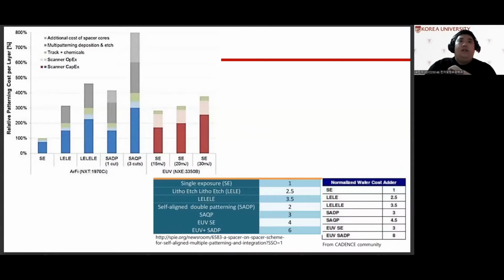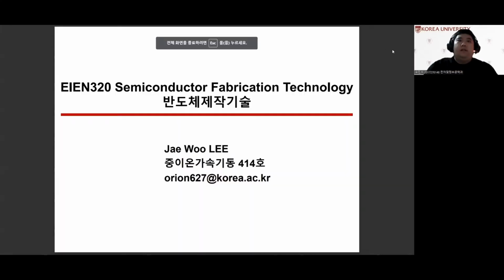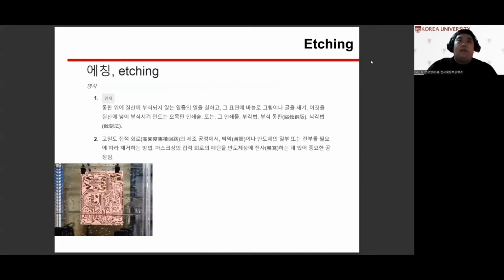As you can see, the EUV process is important to make modern devices cheaper than self-aligned processes or LELE processes. Now let's move on to the etching process.